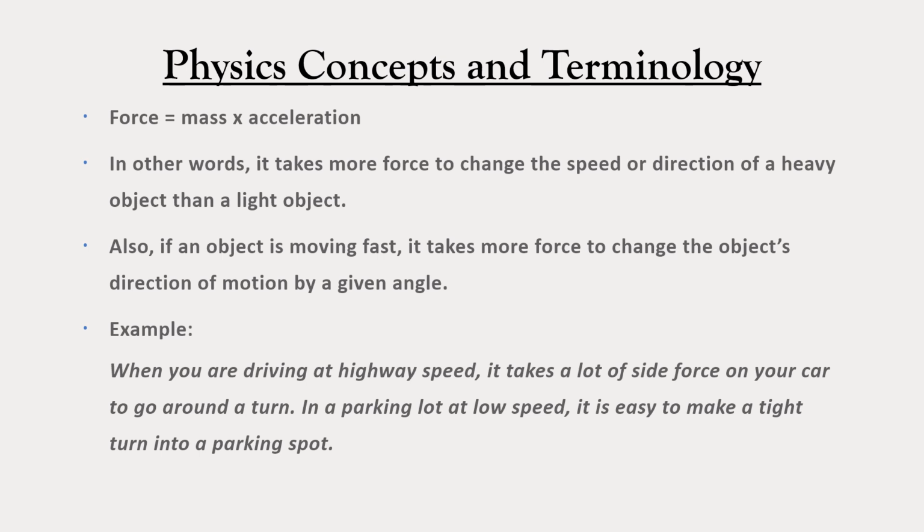In the other circumstance, say you're in a parking lot and you need to make a 90-degree turn into a parking space, it doesn't take a lot of force on your car to change its direction of motion in that situation.